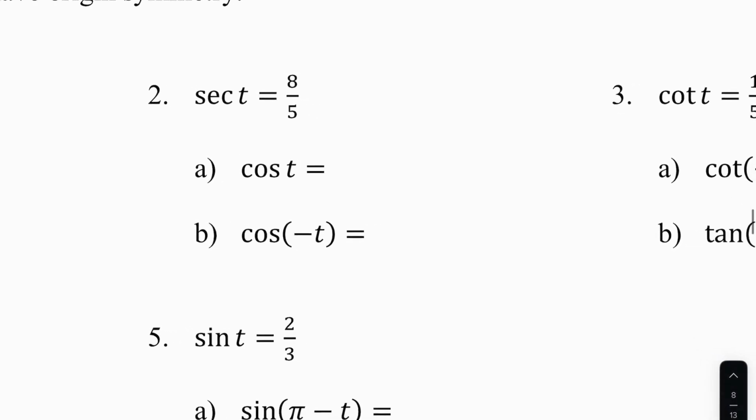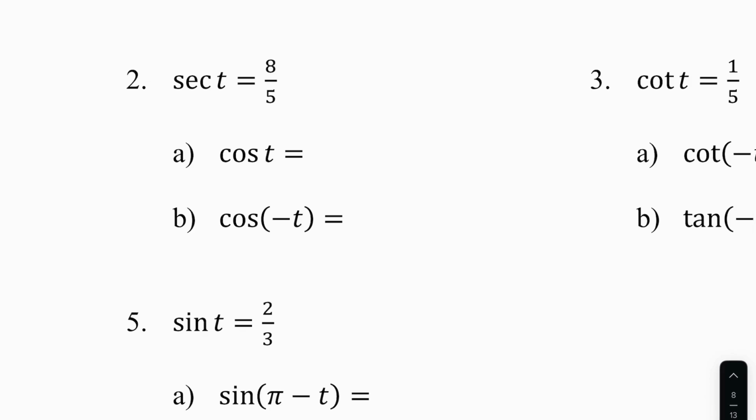What about secant? Well, secant is an even function. Cosine and secant are the only even functions. Well, to go from secant to cosine, we're just doing the reciprocal, so 5/8. Well, if I'm changing the sign of the input from positive to negative inside of an even function, what does it do to our output? Nothing.